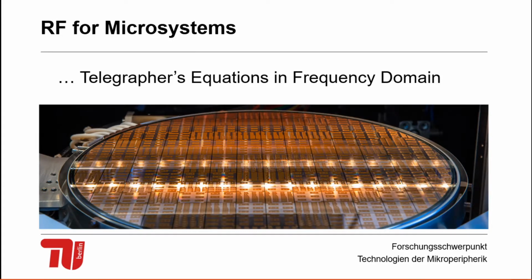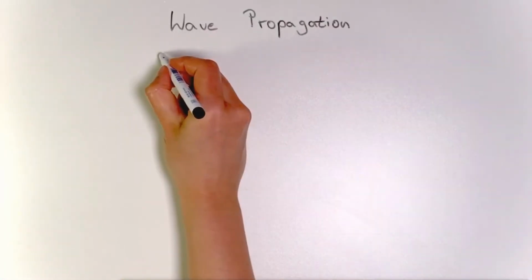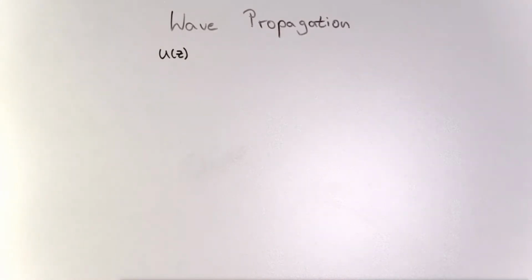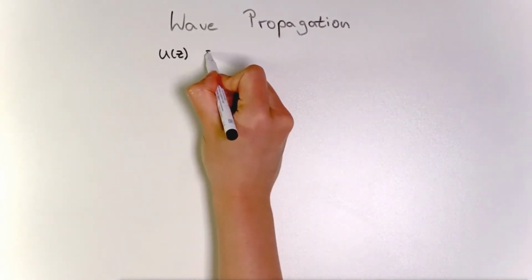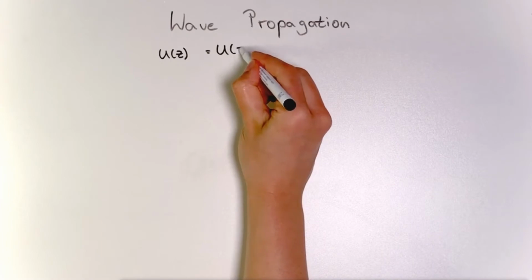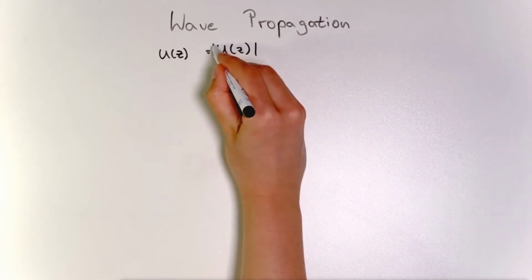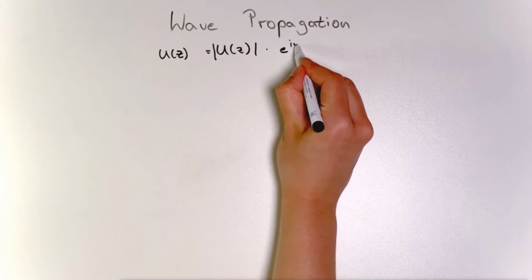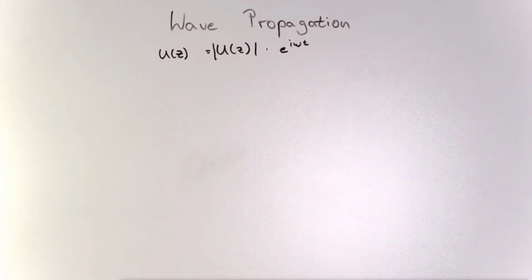Okay, so we ended up at the point where we wanted to write our voltage as a function of space. So we're solving a one-dimensional problem, and what we take is now the form of the amplitude times the complex expression with a phasor. So I would write that down now.